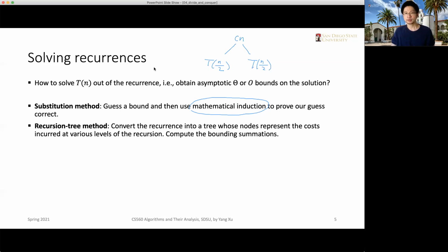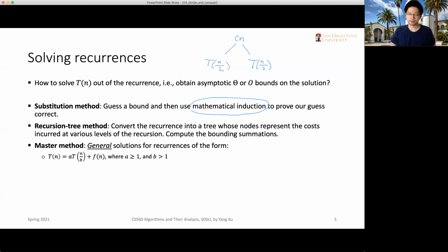These two methods are quite intuitive and empirical, based on practice, and we will come across very different cases with different inputs. But the third type of method is called the master method, or master theorem, and this is a general solution for recurrences that look like this form. We will know how to use it after all the lectures for this chapter.